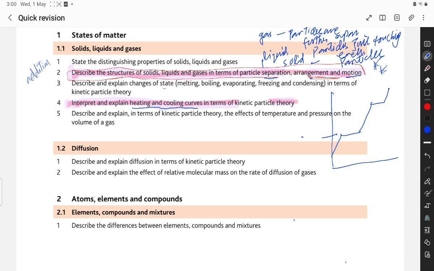This is the melting point and this is the boiling point. This is the heating and cooling curve.